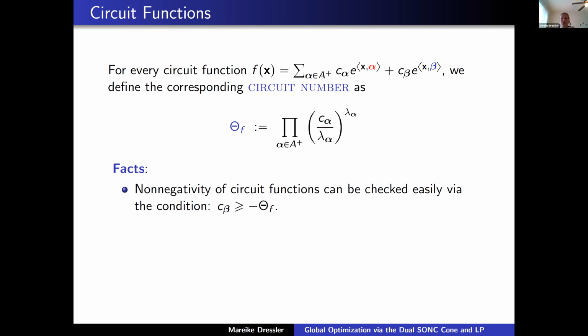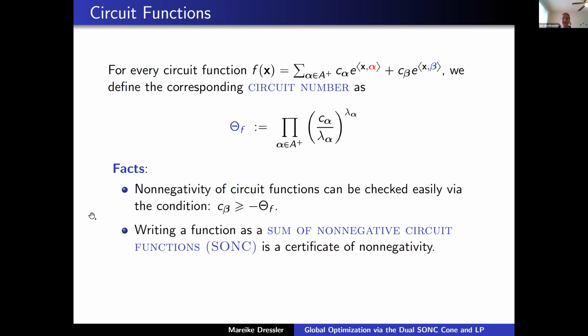So now we know how to easily test non-negativity of these circuit functions. And now, as for sums of squares, taking sums of these non-negative circuit functions, abbreviated as SONC, gives us a certificate of non-negativity. And these functions also form a closed convex cone, clearly contained in the cone of non-negative functions.